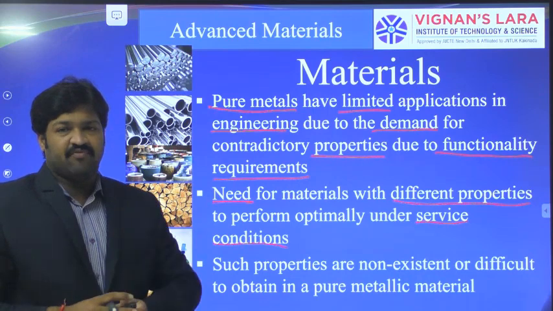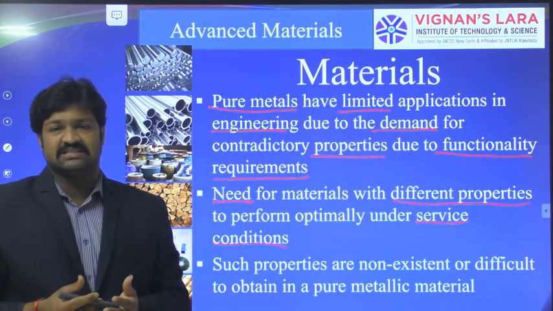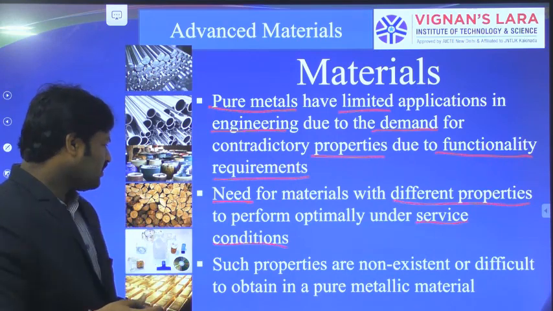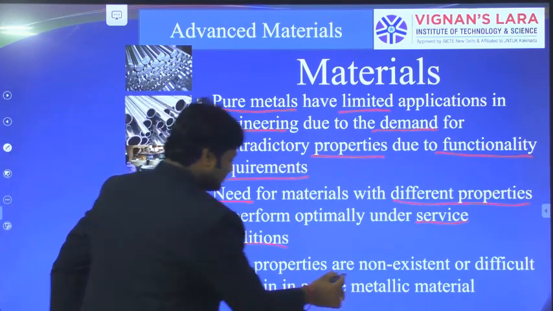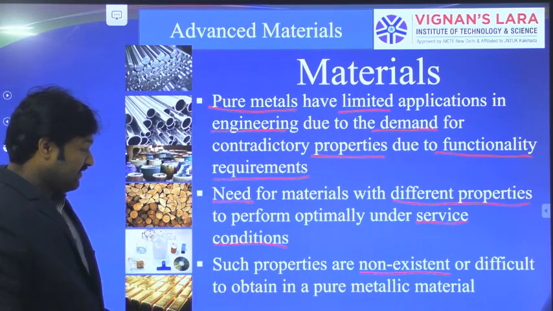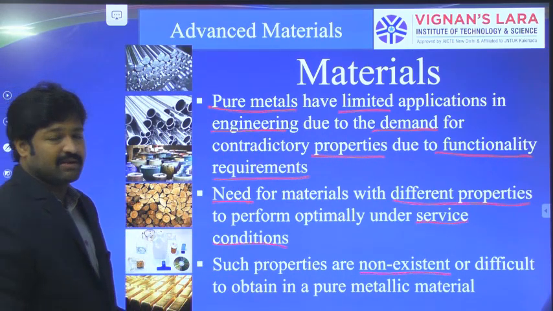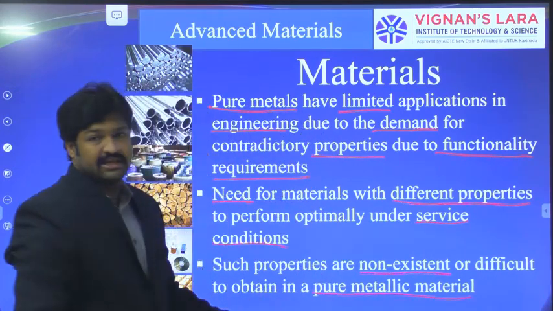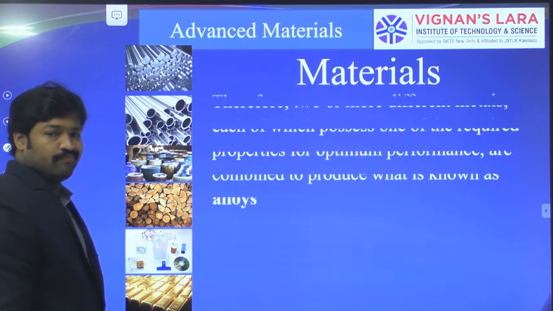If we want toughness as well as wear resistance, both things cannot be possible in a single component. Such properties are not existent or are difficult to obtain in pure metallic materials. It is very difficult to obtain them in monolithic materials.